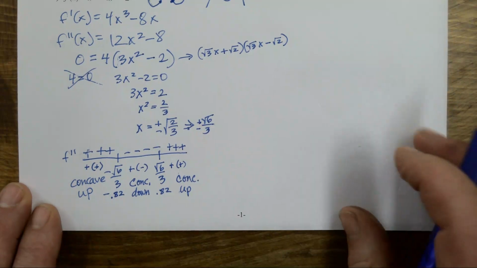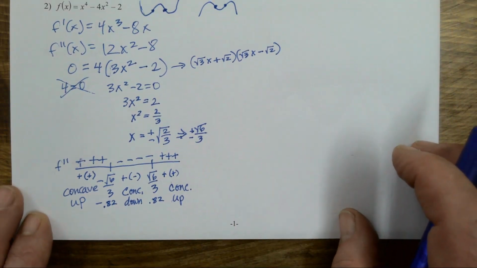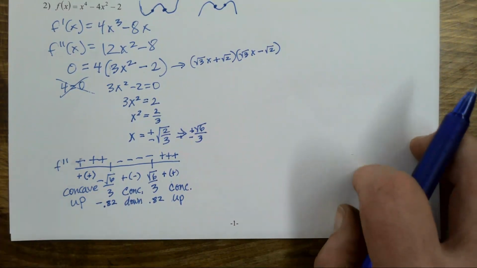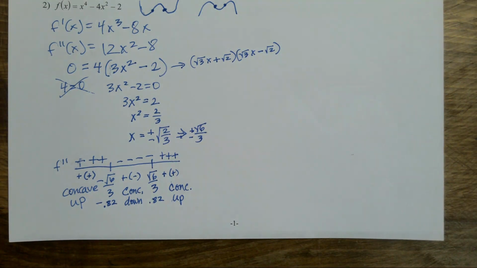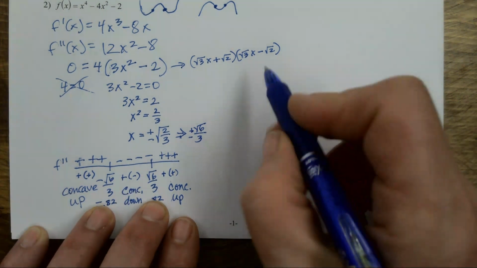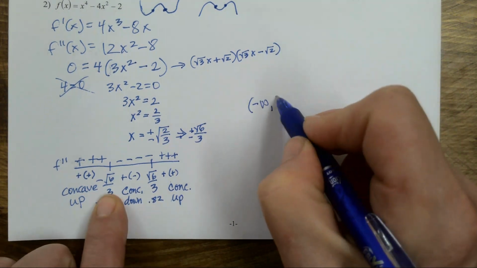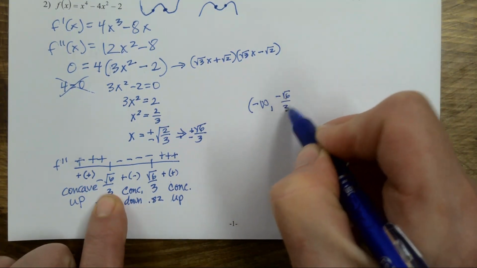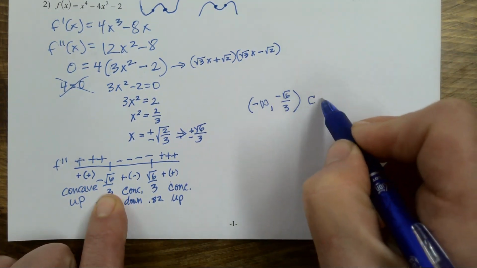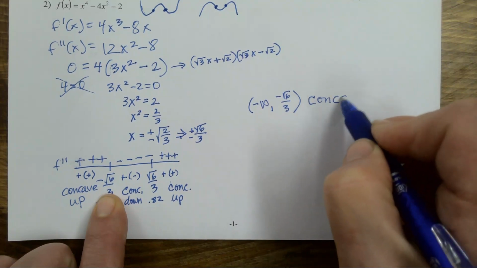And so I need to interpret this into my answer. I start from the left. Always start from the left and work your way over. So, from the far left up until I hit negative square root of 6 over 3, I am concave up.